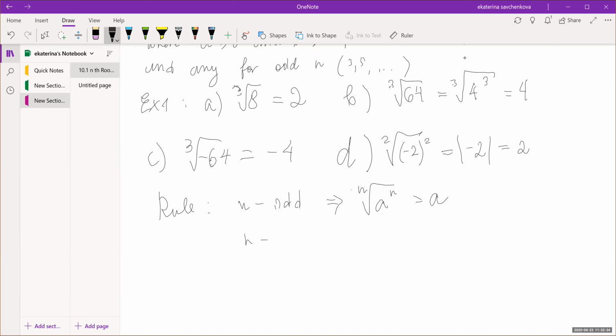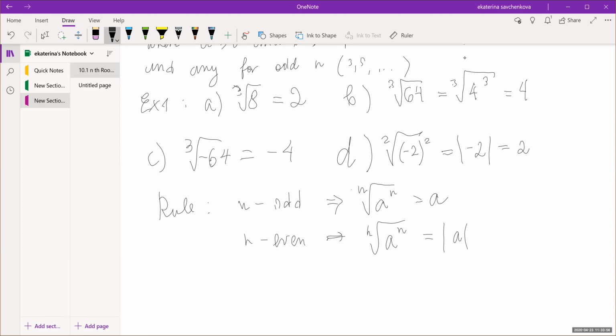If n is even, then the nth root of a to the power of n is going to be the absolute value of a. So if you have a negative number here, eventually it's going to become positive because of the even power, like 2 or 4 or 6. And then when you extract the root, you are going to get a positive number at the end.